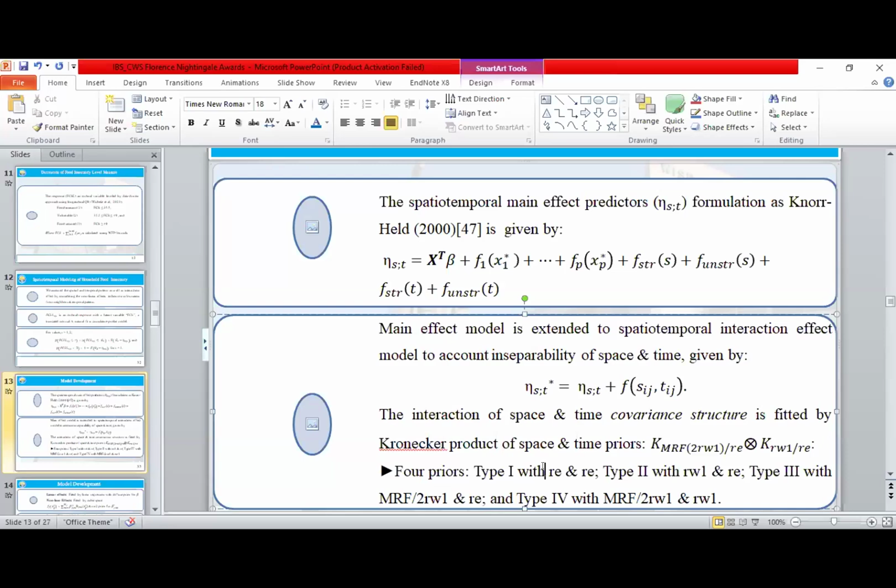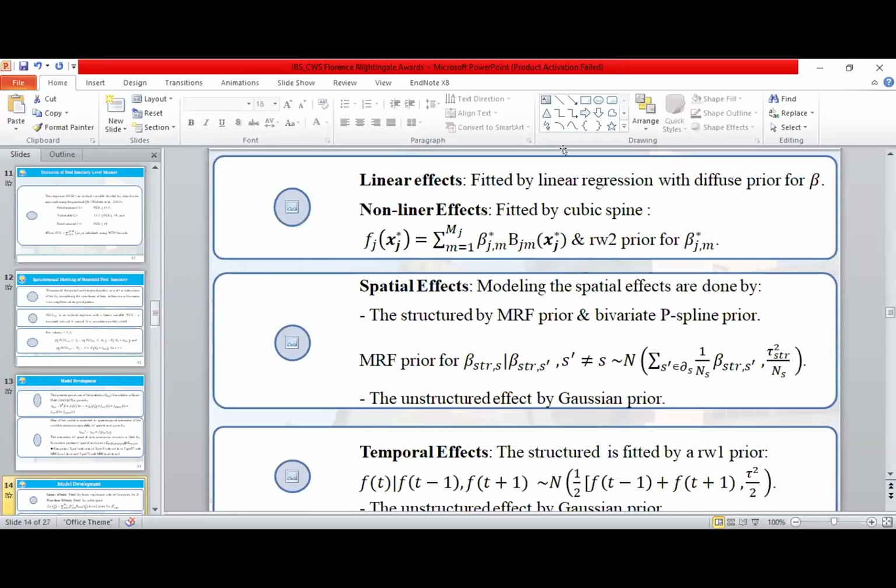In type 3, space is estimated by Markov random field, or using a two-dimensional random walk of order 1, and time is estimated with a random prior. And in type 4, both space and time are considered structured. It is a truly inseparable model. And using these 4 possible models and the main effect, we estimate around 10 models.